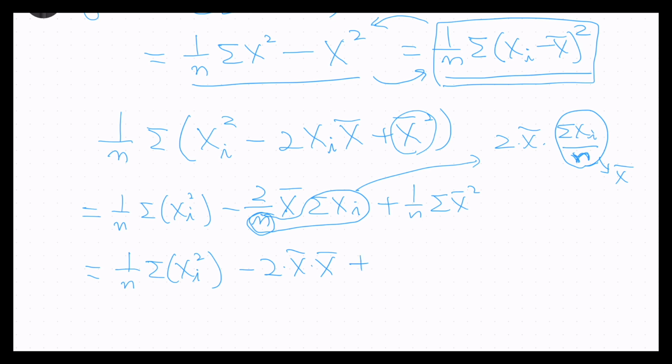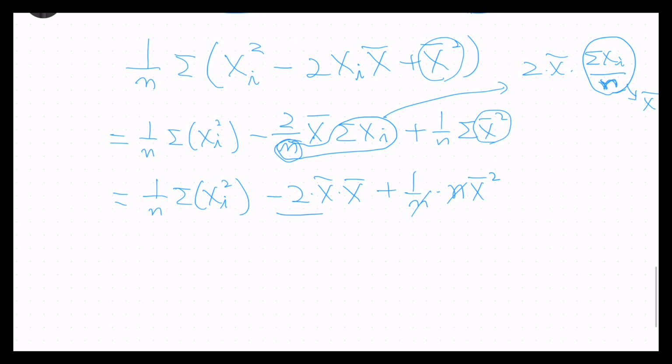Plus, since x bar is just a constant number, if you just sum x bar square n times, this will be 1 over n times n x bar square, right? So this n and this n cancel out. So you have minus 2 x bar square, and this is just plus 1 x bar square, just like previously we saw.